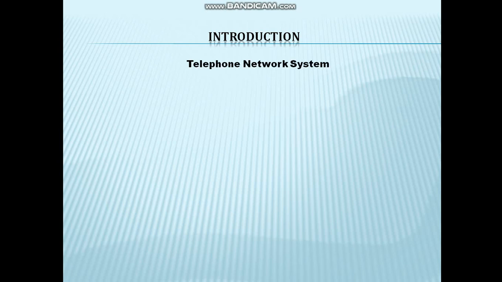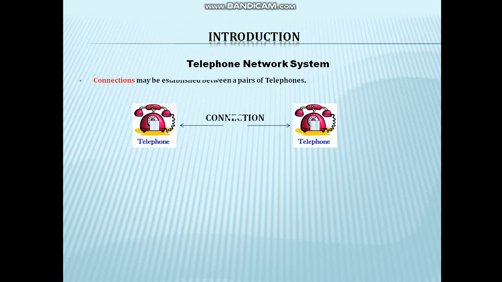The telephone network system is a system in which connections may be established between pairs of telephones. Here, one phone can make a connection with another phone. Now, a request is made first.